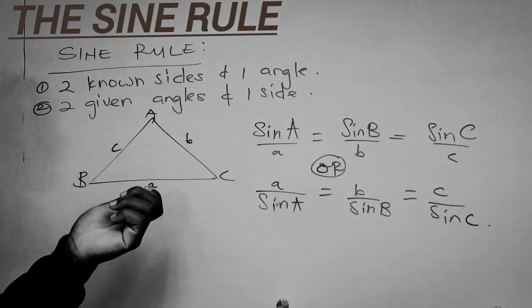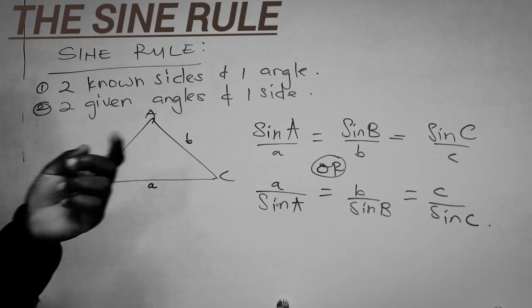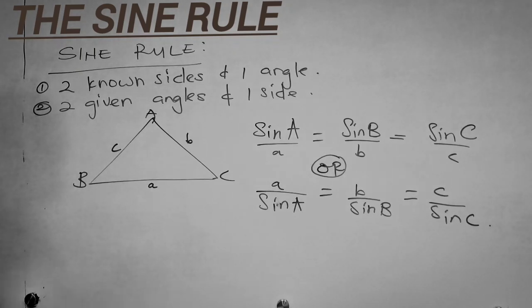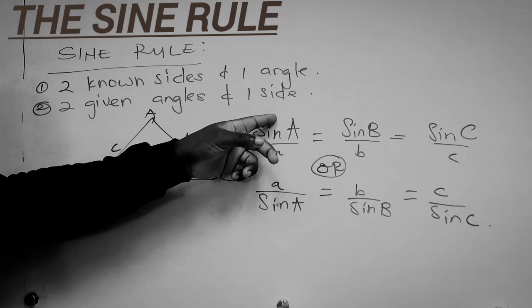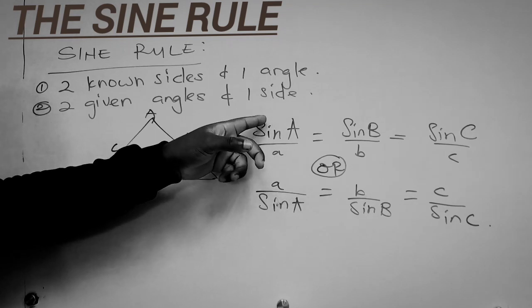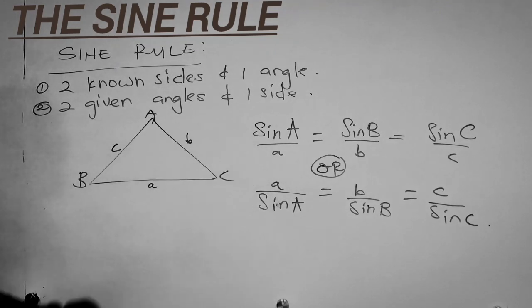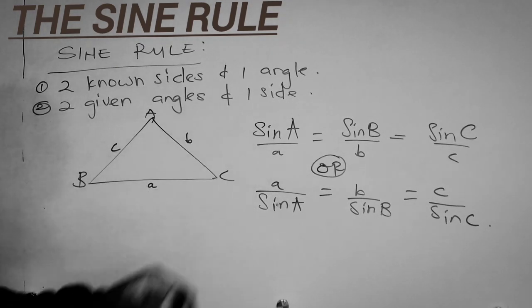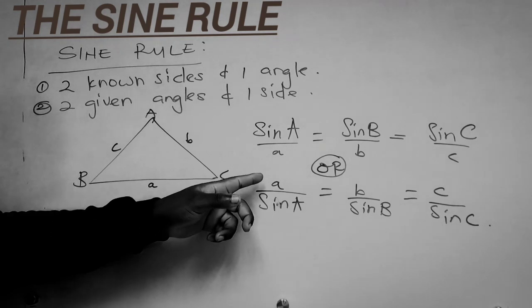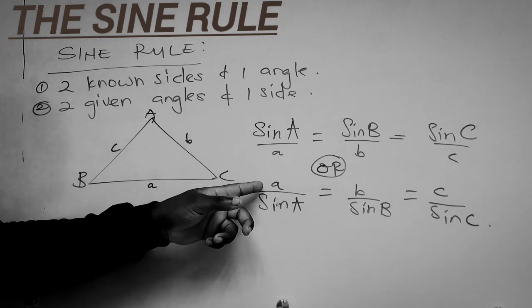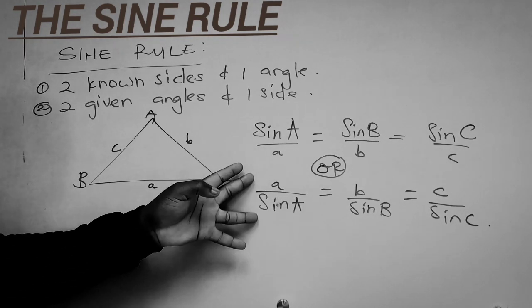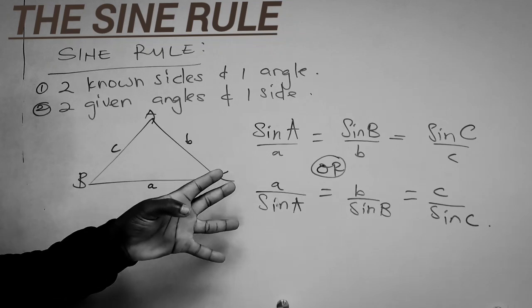When calculating a missing angle, it is easier to state your formula in this form, because you do not need to take up that sine A or sine B. Just do this one straight, you will reach your answer faster. When you are calculating a side, you need to use this one. It will be faster.